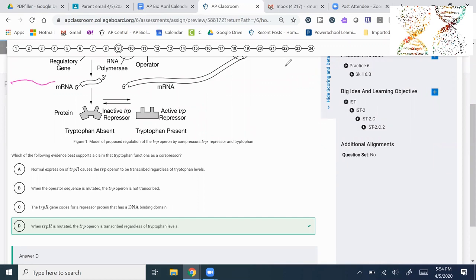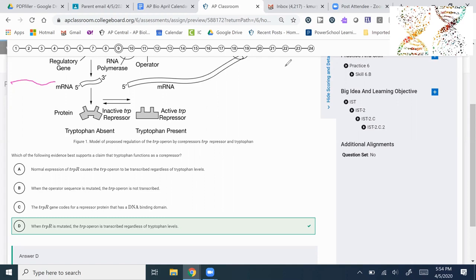Which of the following evidence best supports the claim that tryptophan functions as a co-repressor? A, normal expression of trpR causes the trp operon to be transcribed regardless of tryptophan levels. All right, so that's not true. With normal expression, you can even see you get an inactive repressor. And you don't really have evidence of that from that picture, regardless of tryptophan levels, because it's not showing you the tryptophan levels.